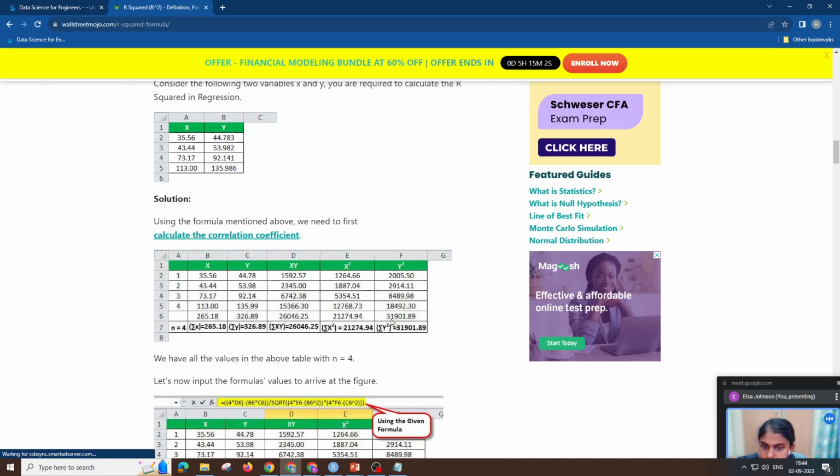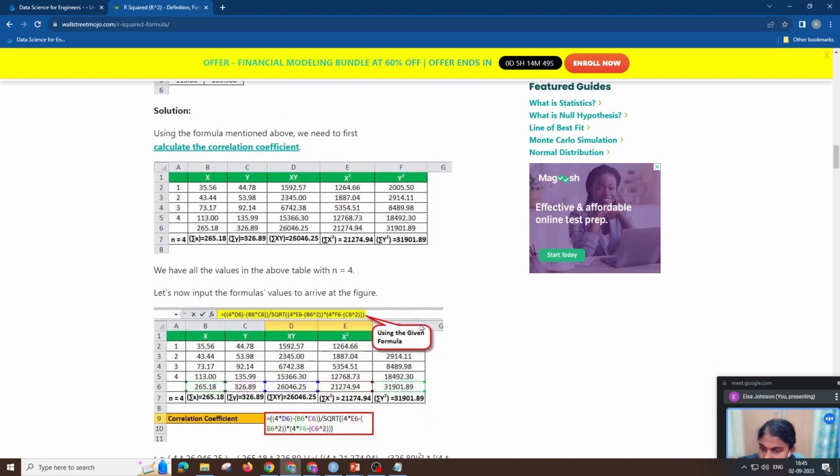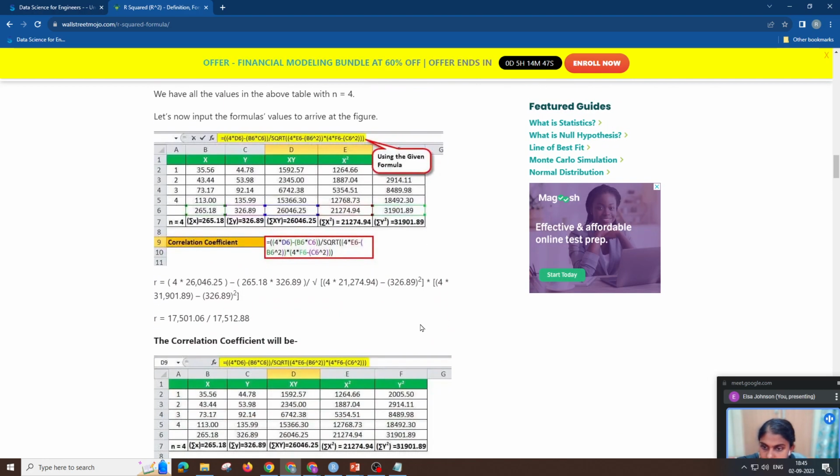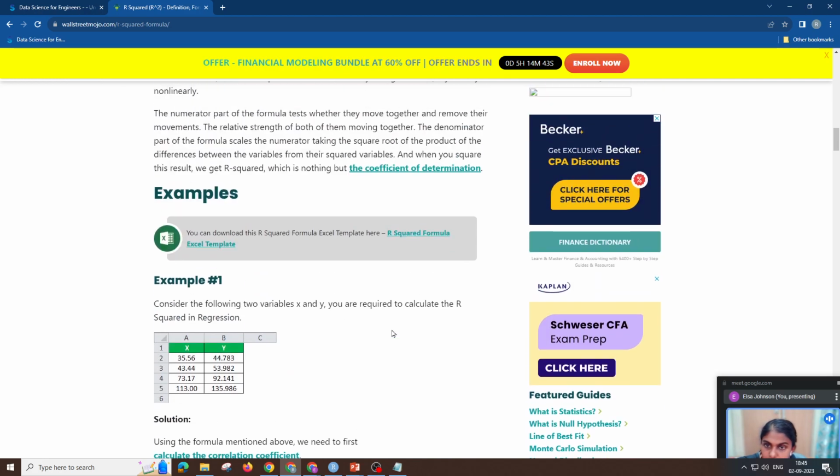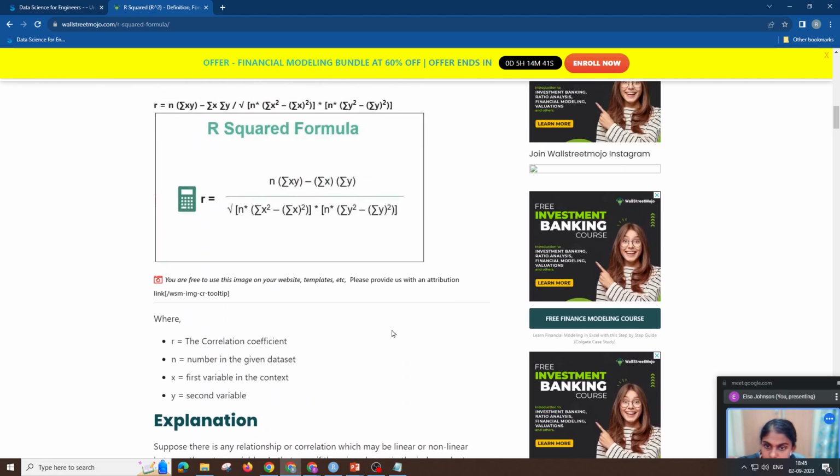So this is the calculation in Excel. Okay, so here you can see x, y, then x square, y square, all these values. First you have to calculate that, and after that you have to solve the equation which is given like this. Okay, so sxy minus sum of x into sum of y by n.